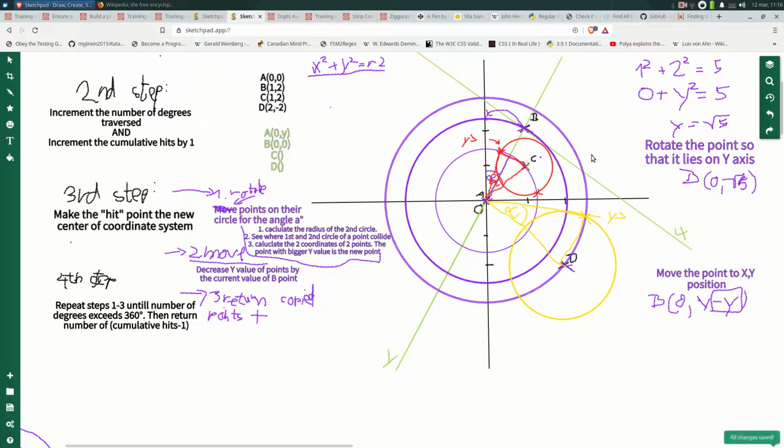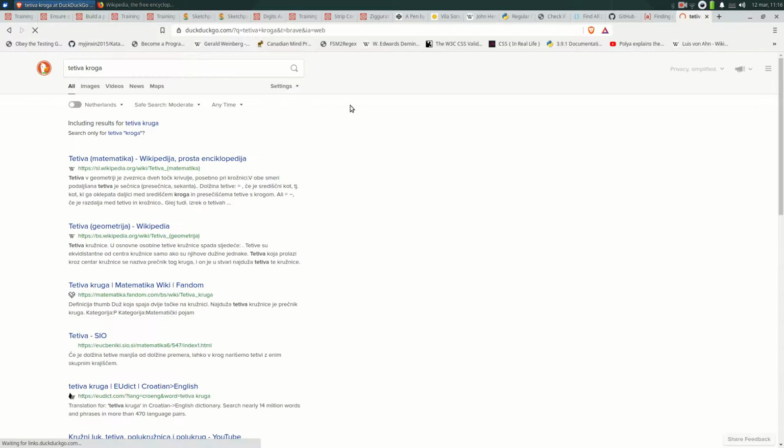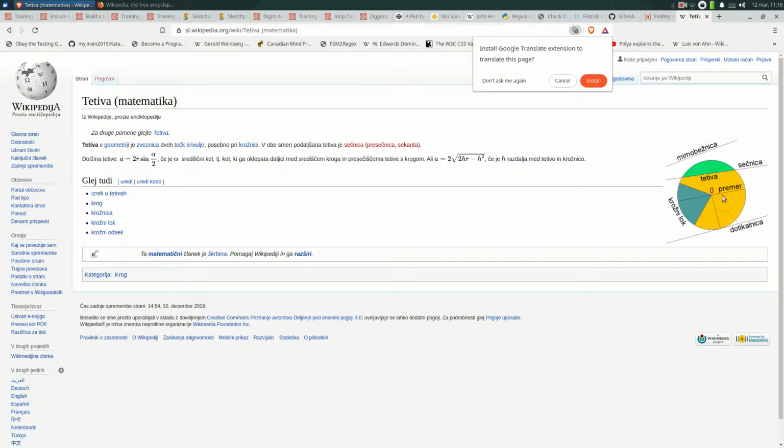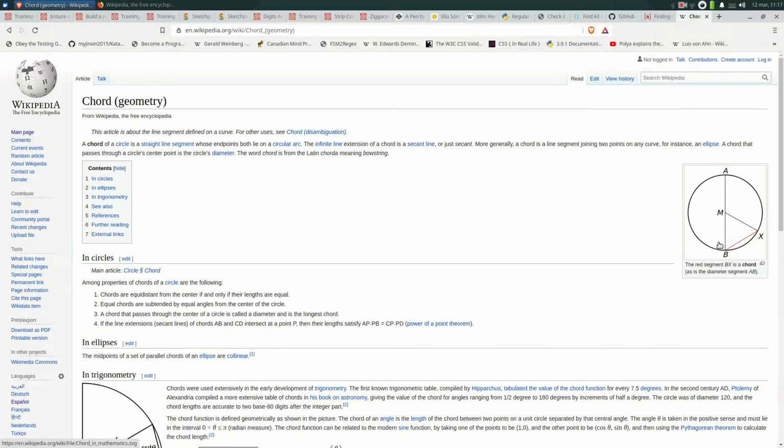So first you gotta do tetiva. It's called tetiva not in Espanol, but in English. A red segment is a chord. We need to calculate the chord.